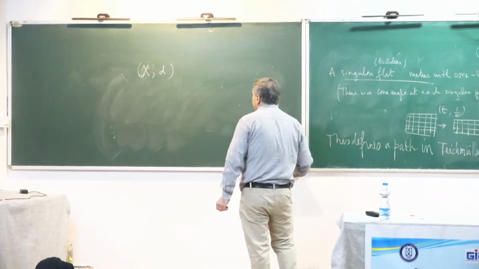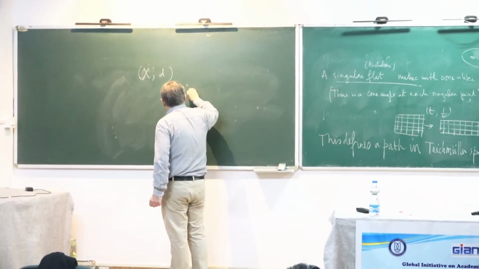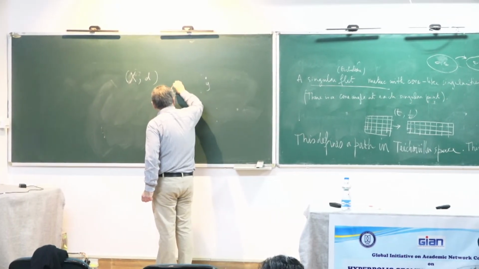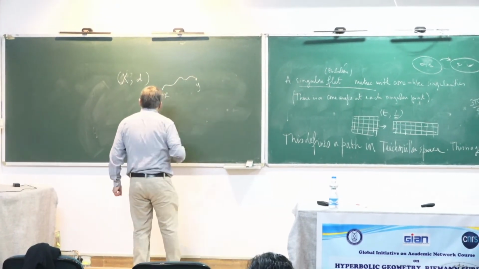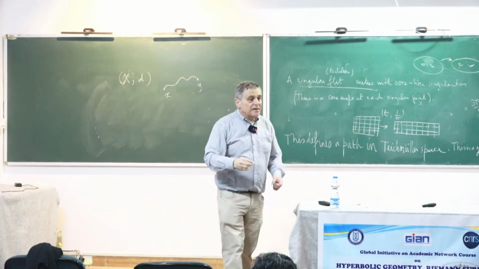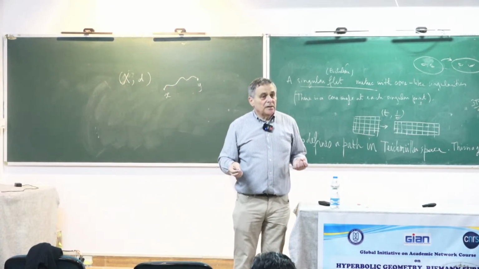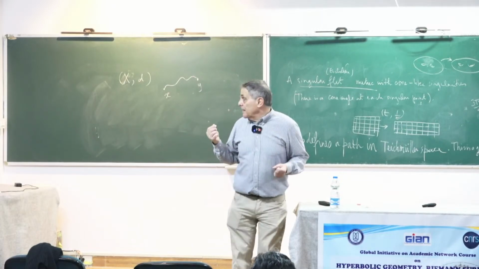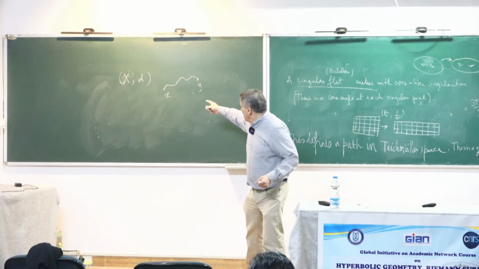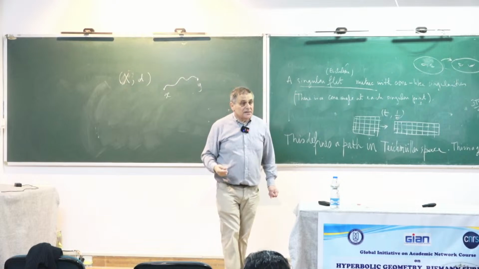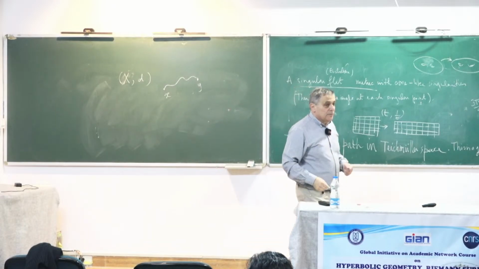And I have a path from one point X to a point Y. So we will suppose that the space is path connected, in order to define a geodesic in terms of a path. So I have a path. I want to say that this path is a geodesic.